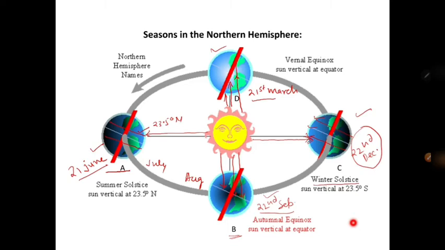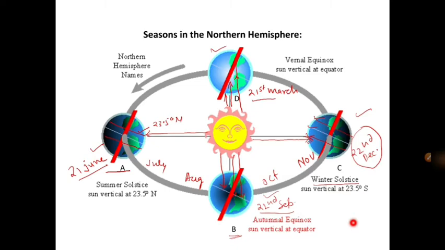Again, when the earth moves further, October, November and then December. In December, again the sun shines vertically on the Tropic of Capricorn, which is in the southern hemisphere, far from the Tropic of Cancer. So, in the northern hemisphere there is winter season.